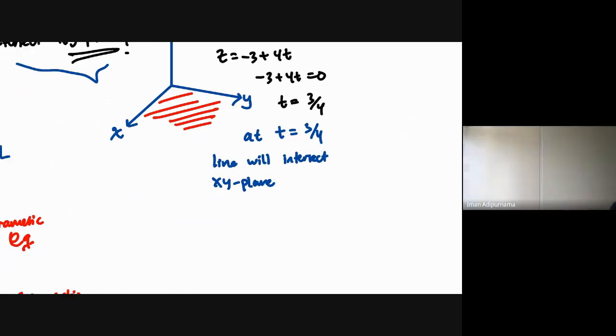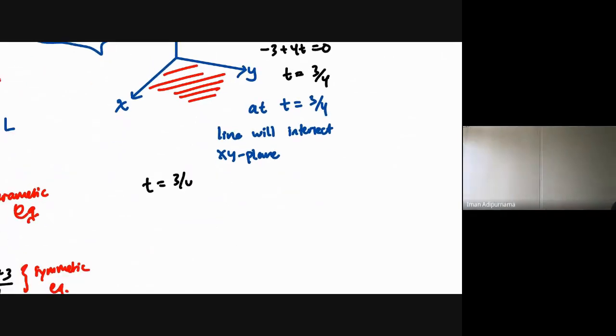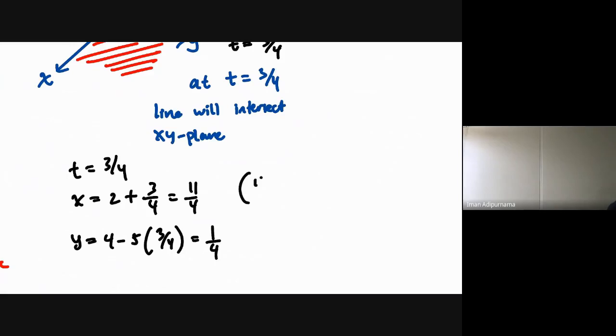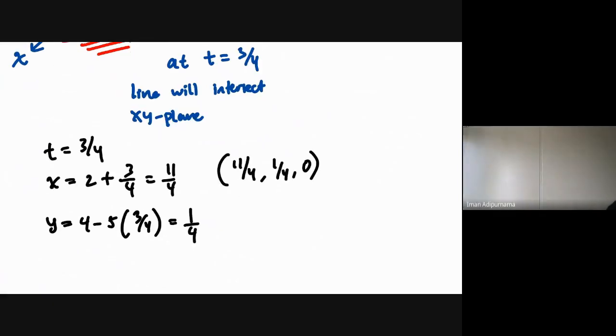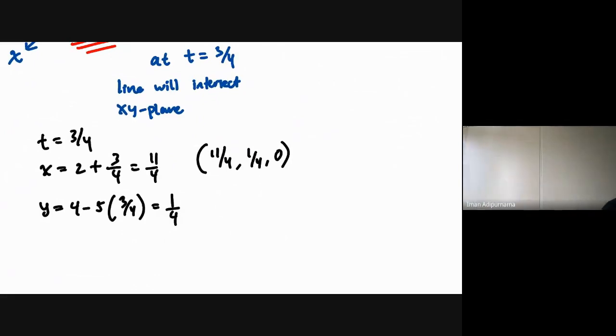So we need to substitute t equal to 3 over 4 into x and y. We find x is 2 plus 3 over 4, and we find y, and thus this is our point that intersects the xy plane.